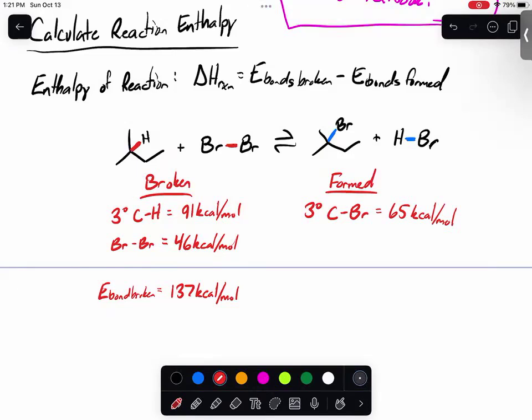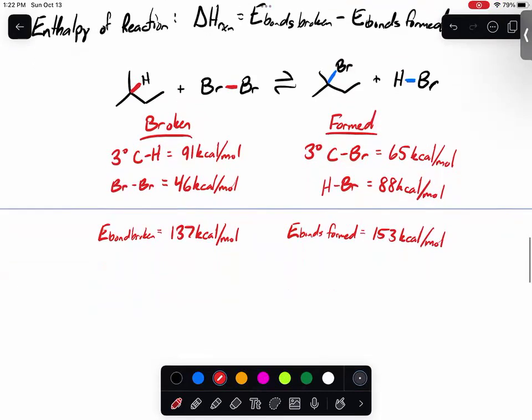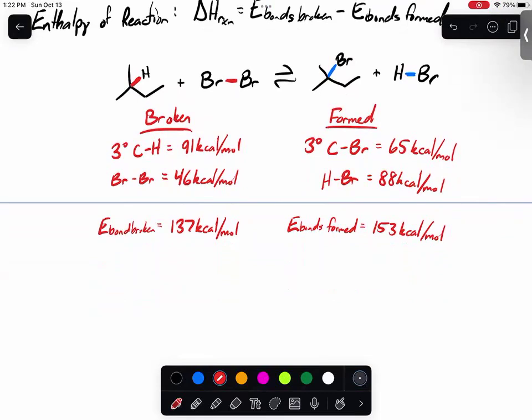But the beneficial bond that is formed is that of the HBr bond, because this one has a bond dissociation energy of 88 kcal per mole. So our energy of bonds formed is 153 kcal per mole. With those two numbers in hand, we can calculate our delta H of reaction.